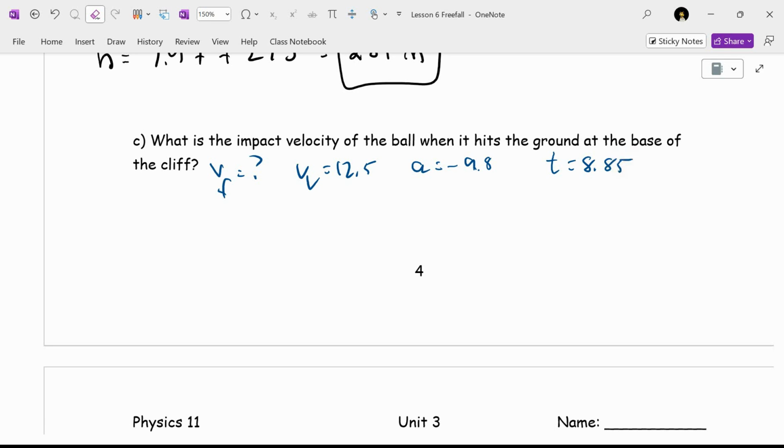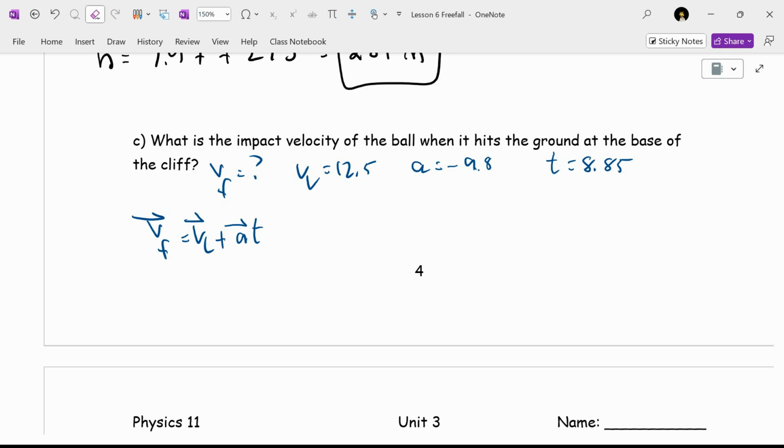I think I gave you a low ball. Which equation? What do I need to get by itself? What already is? Some predictions I want to make, though. When we hit the ground, what direction are we traveling? Am I expecting a negative or a positive answer?